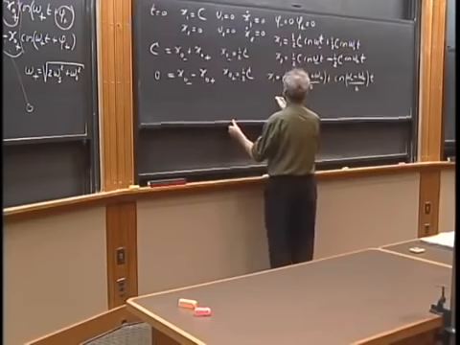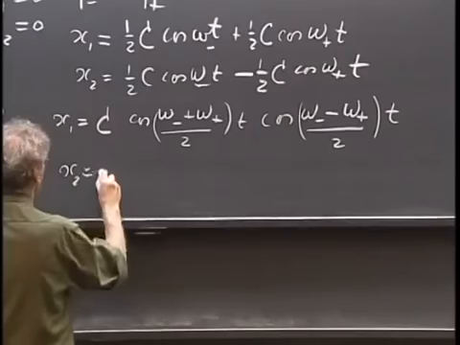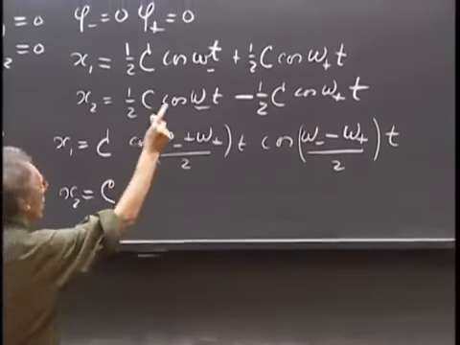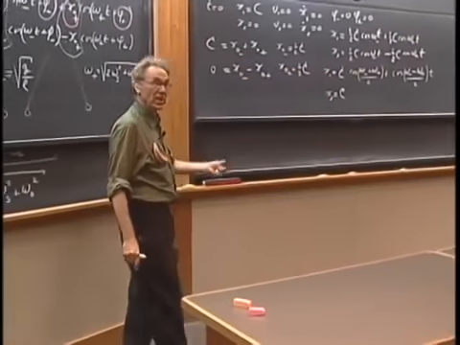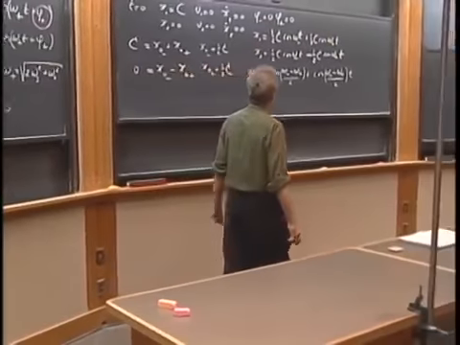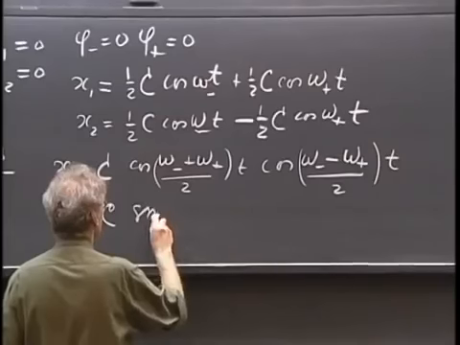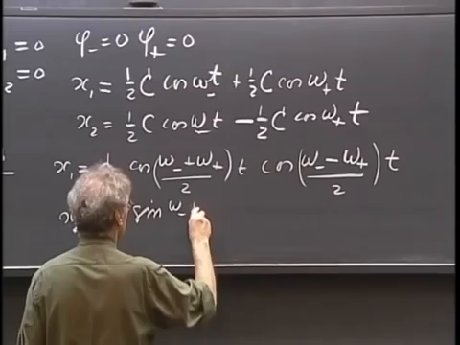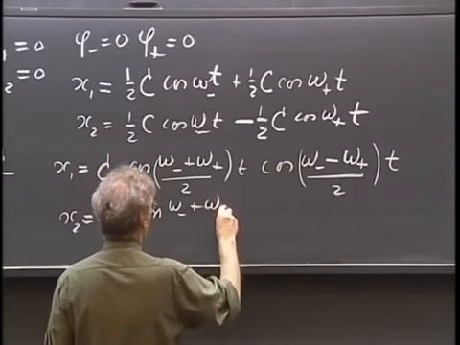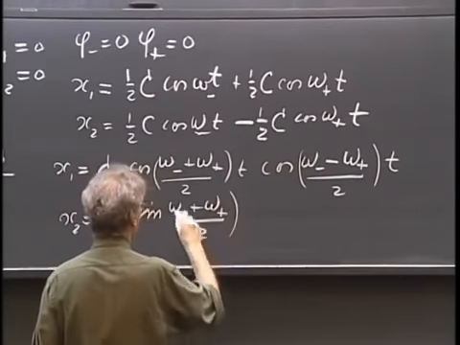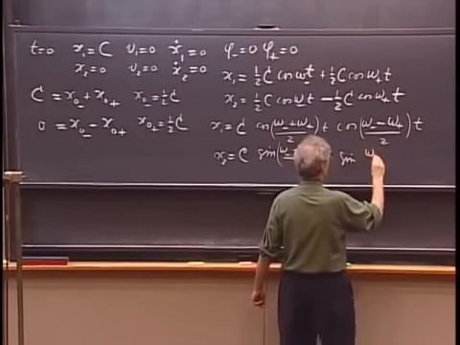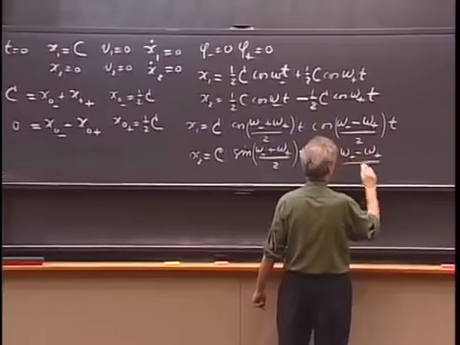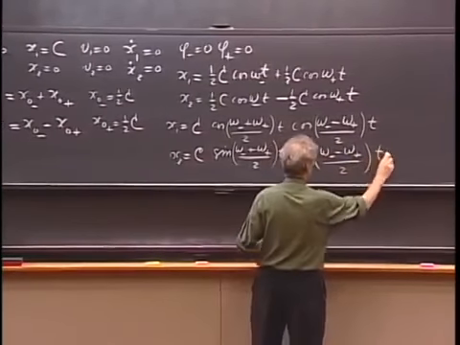And x2 as a function of time. I now have the cosine of alpha minus the cosine of beta. That is twice the sine of half the sum times the sine of half the difference. So now I get here the sine of omega minus plus omega plus divided by 2 times t times the sine of omega minus minus omega plus divided by 2 times t.